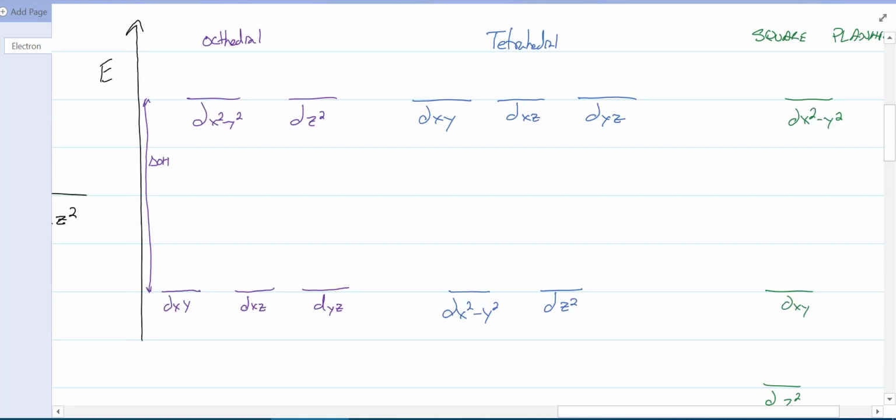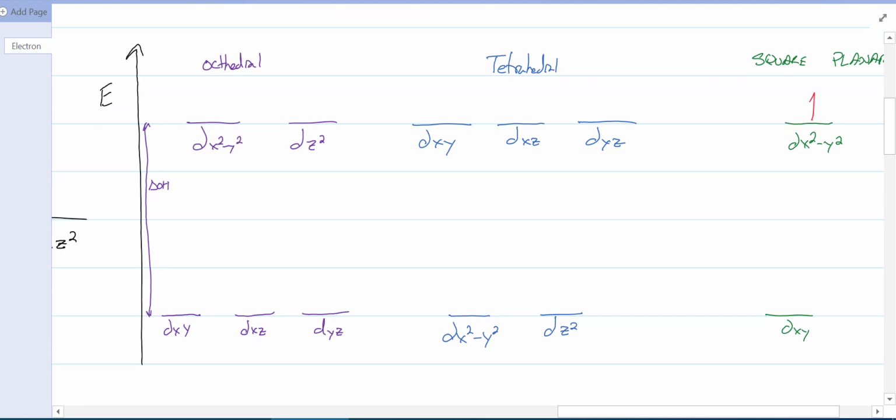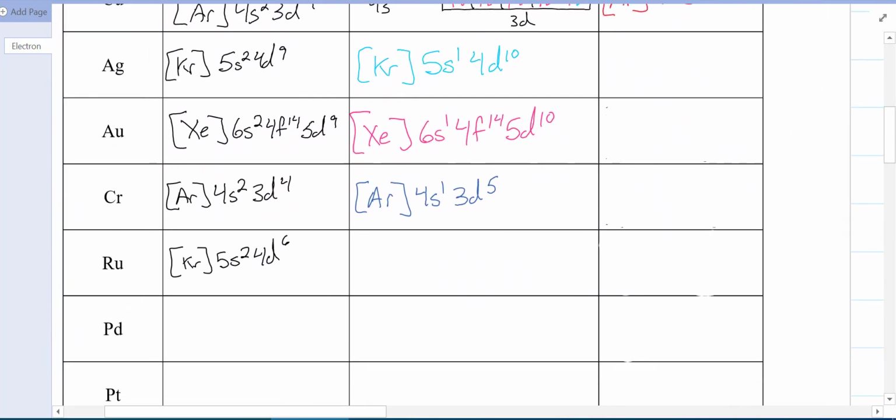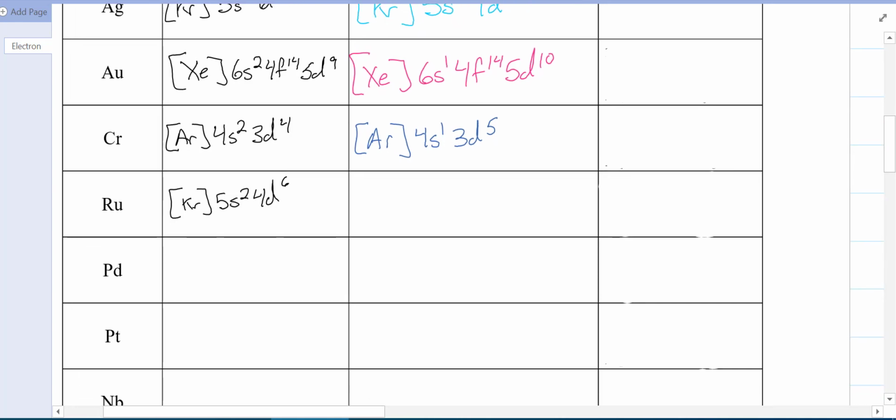I can even have D9, with one up there, everybody else full. So I can have all these options depending on how the d orbitals split. Now your book doesn't go into why the d orbitals split in crystal field theory. You can look it up, but unless this is going to be your only Chem 1 class, don't stress. If you are very interested in chemistry, crystal field theory would be something you would look into later on.